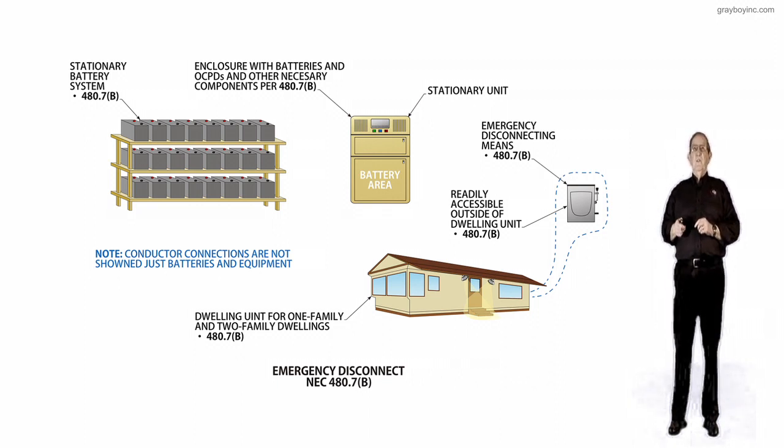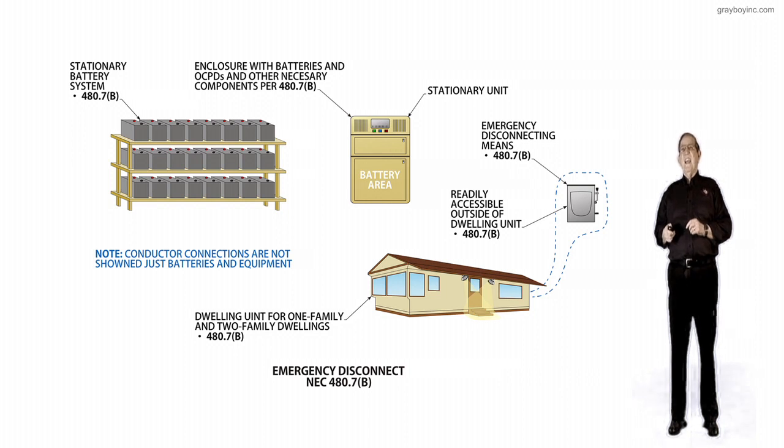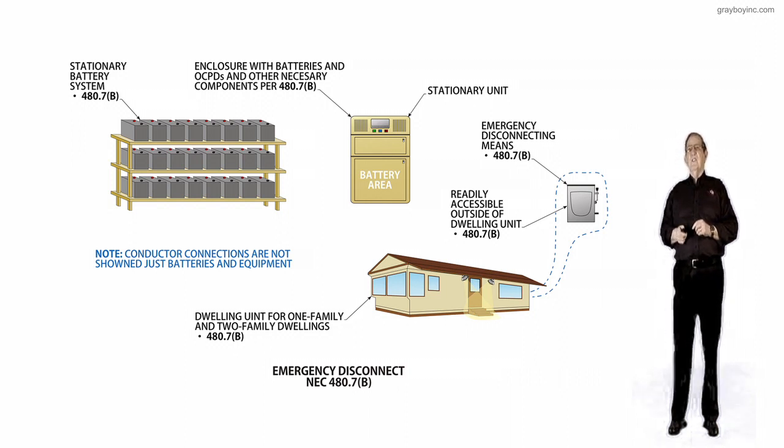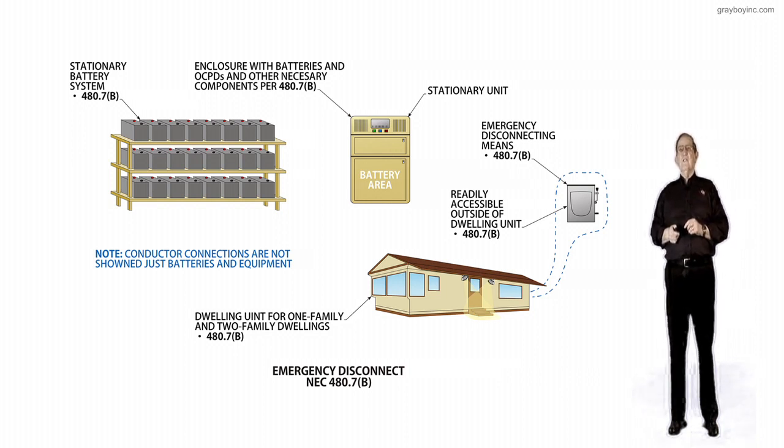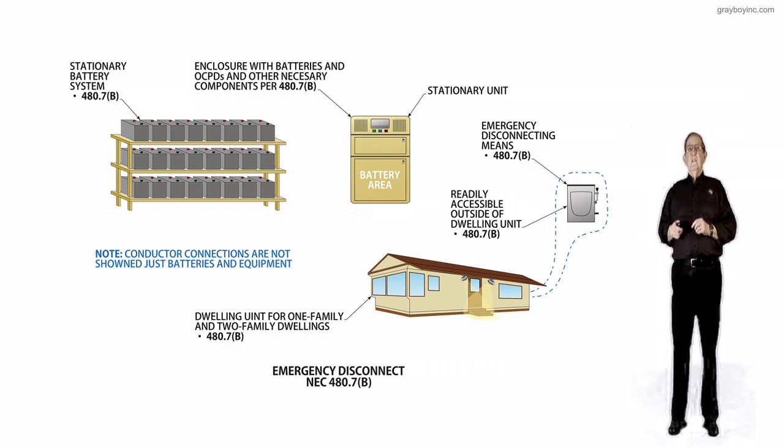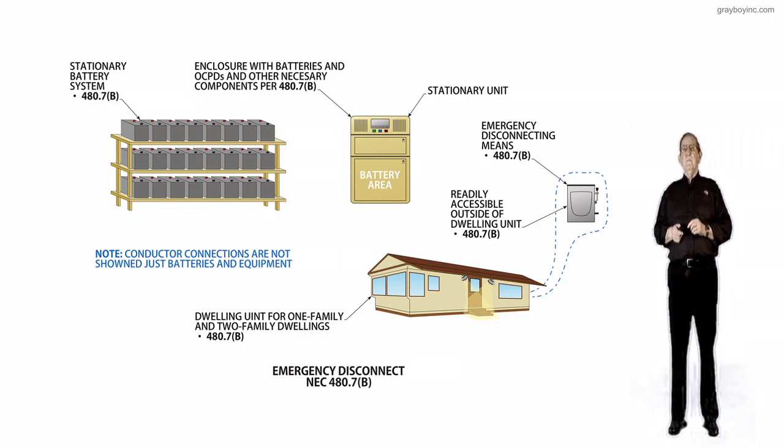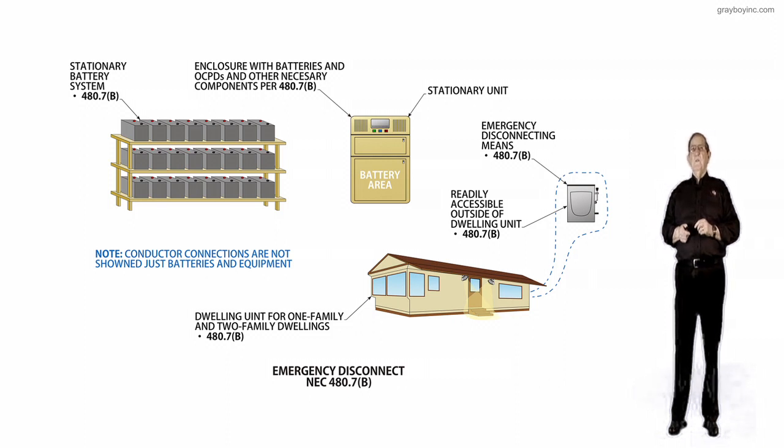And notice that the battery area that you see there, titled with a callout stationary unit, enclosure with batteries and overcurrent devices and other necessary components, is outlined in 480.7(B), would be reviewed and looked at.